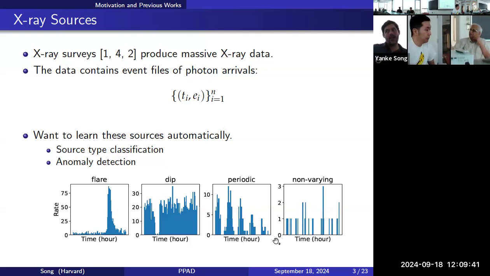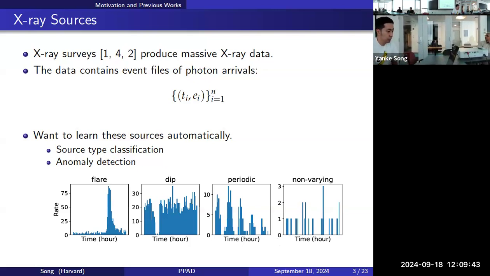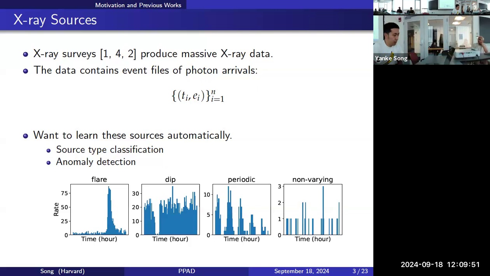Yanke, can I ask a quick question? Why do you call that non-varying? I mean, is it the difference between that and the others, or simply that there are a lot fewer counts in that?